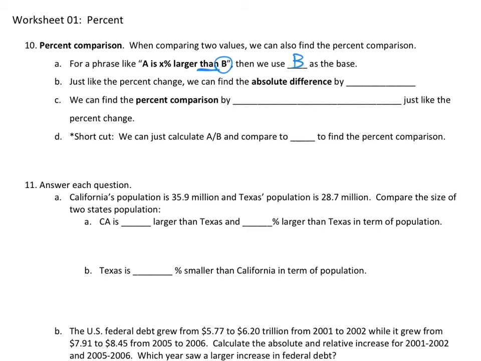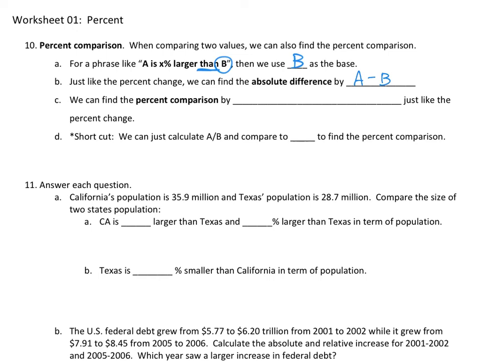Again, in order to come up with the percent, we need to figure out what the base is. If the phrase is like A is larger than B, then B is going to be the base, what we are comparing to. Just like percent change, we can find the absolute difference by A minus B. So again, B is the base.